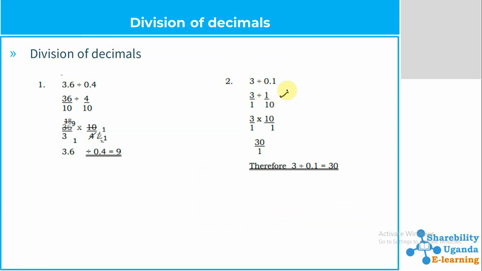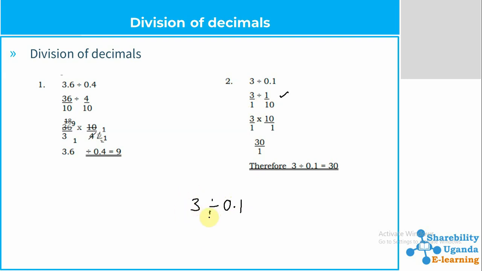I hope everyone can understand this step now. So now when we have our 3 out of 1, okay, 3 divided by 1, the next thing, why did they put our 3 out of 1? When we have our 3 divided by 0.1, this number is not a fraction.